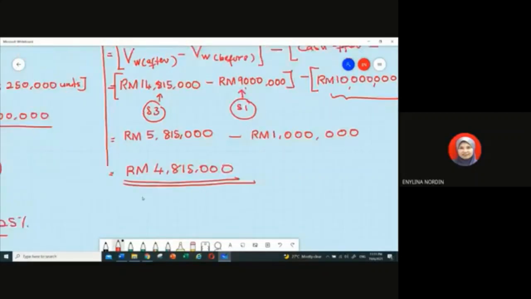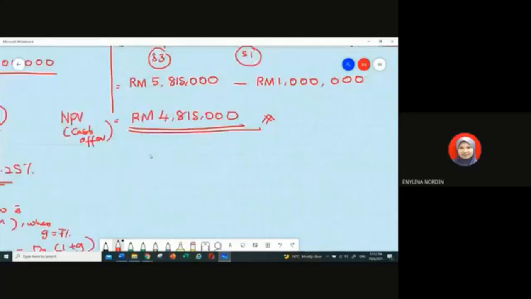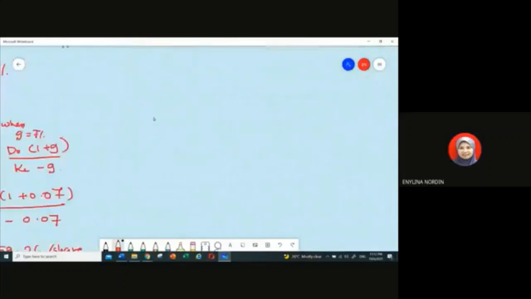If we have done the 3 steps earlier, then we can simply plug the calculated figures into our calculation of the NPV. So this is the NPV for the cash offer. I hope you understand this part. That was part A. Now we want to go to part B.